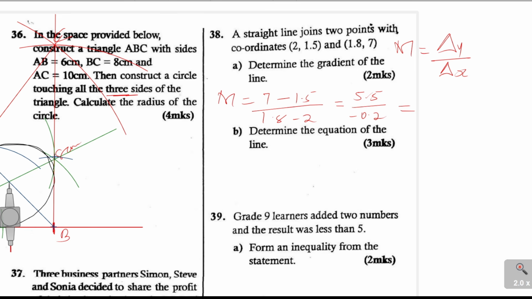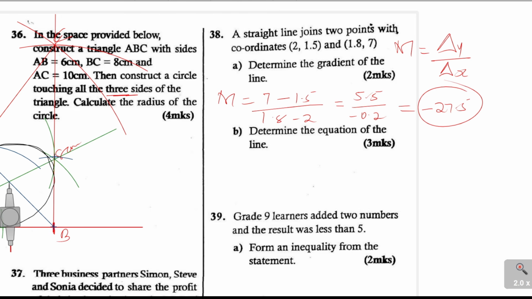When you divide 5.5 by 0.2, this will give 27.5, and this is negative 27.5. That is the gradient.